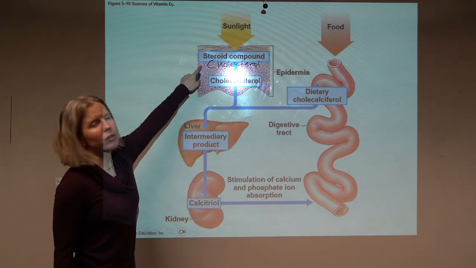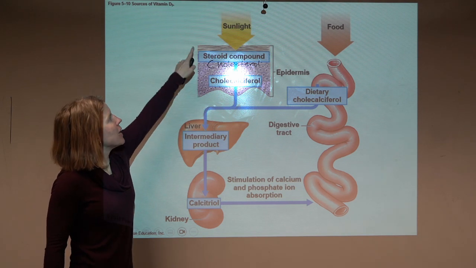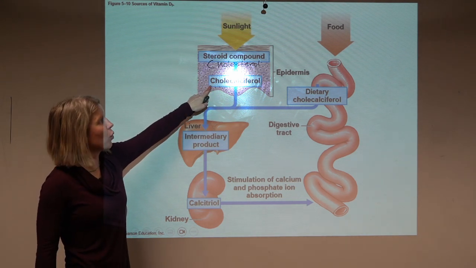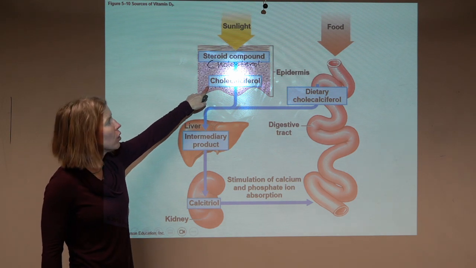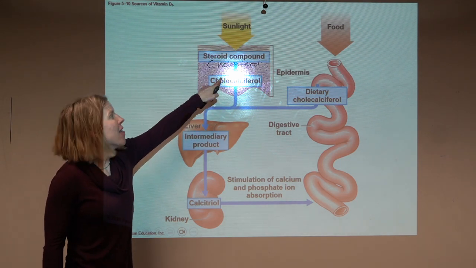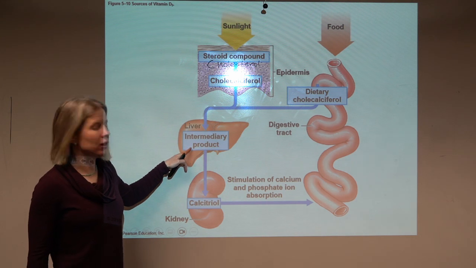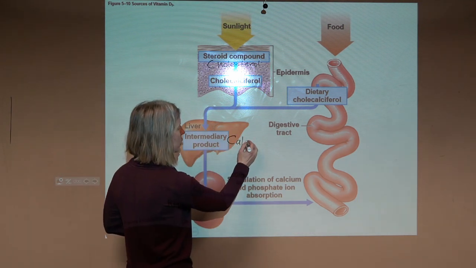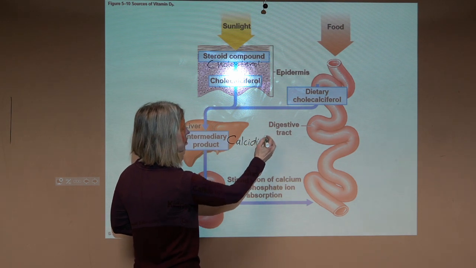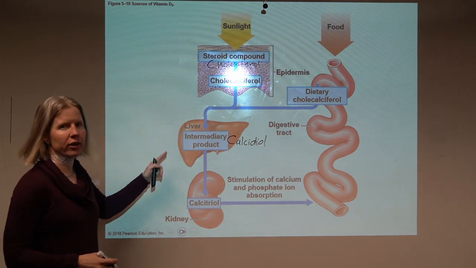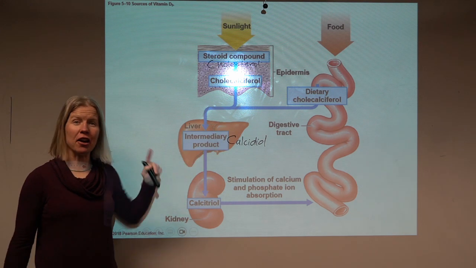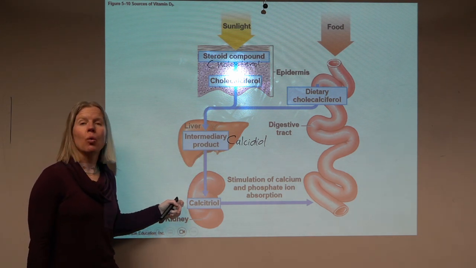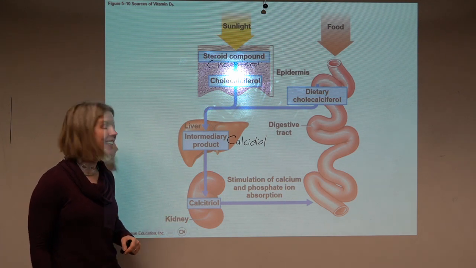So the steroid compound cholesterol, this lipid, as it interacts with UV radiation, the skin is going to produce a chemical called cholecalciferol. That then travels to the liver, right, where it's converted to calcidiol. I don't know why they just called it intermediate product. Calcidiol is the real name. And then that travels through the blood to the kidney where it's converted to calcitriol.